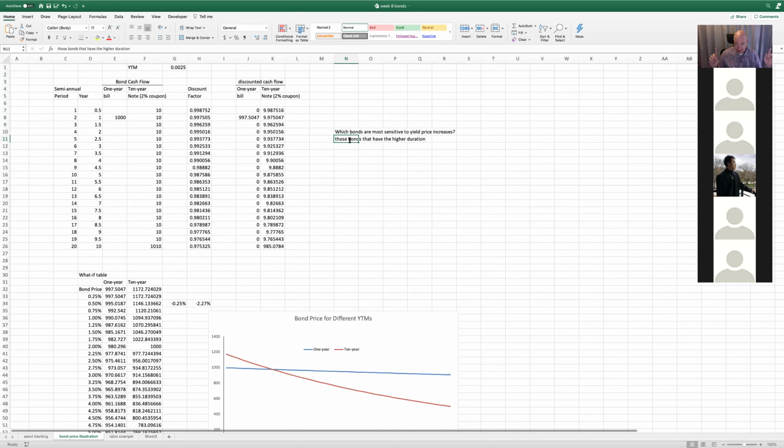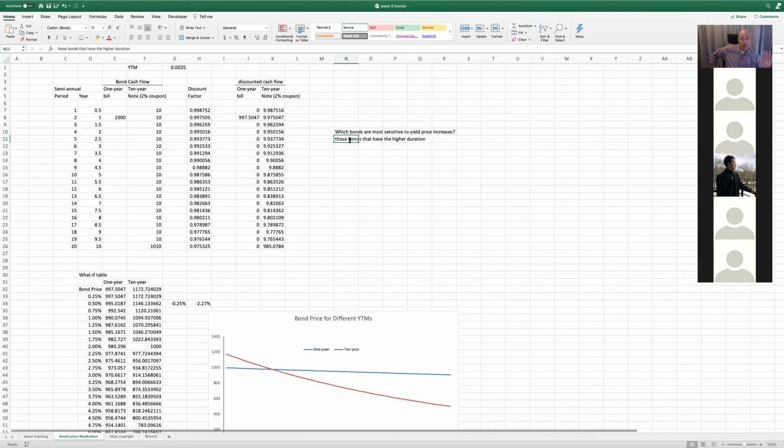If I am concerned about yield changes, let's say I'm concerned that they're going to go up. Actually, if yields go up, my bond price goes down.